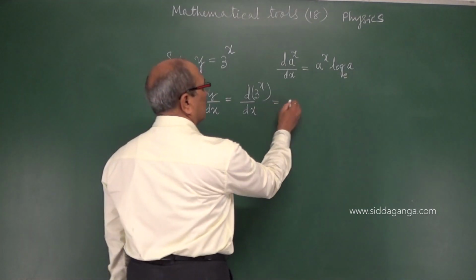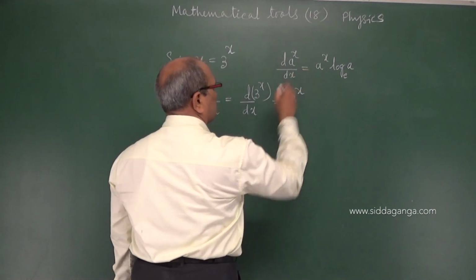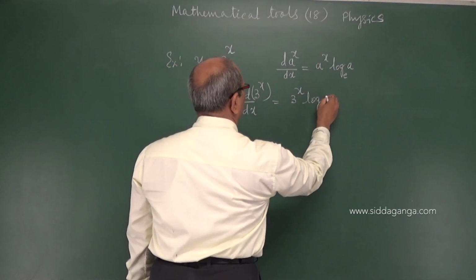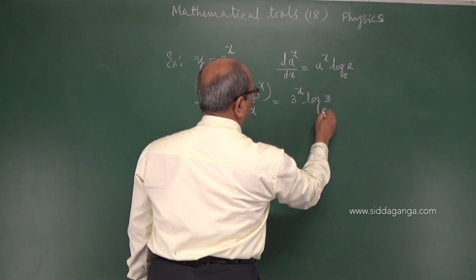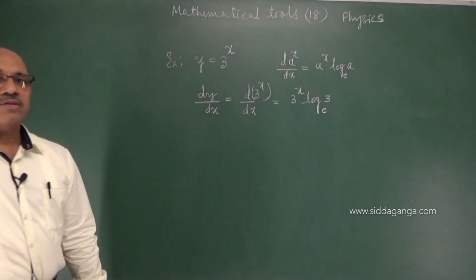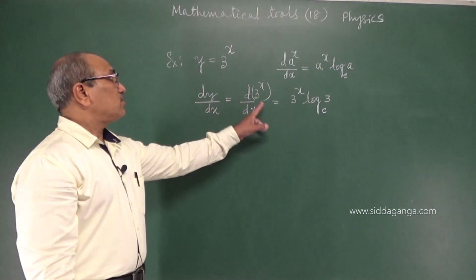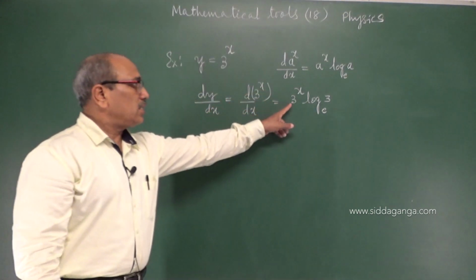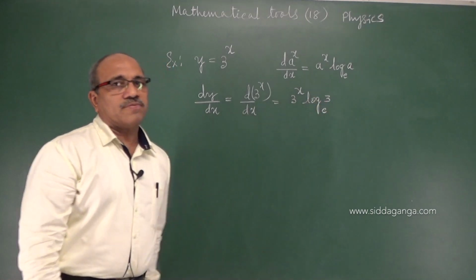So here it is 3 power x as it is, into log 3 to the base e. That is the differentiation of a constant to the power of a variable: the expression repeats as it is, with the log of the constant.